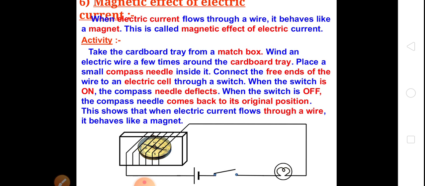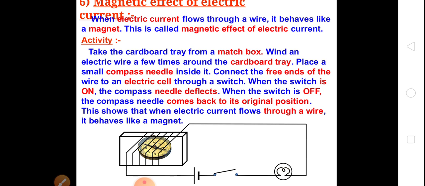Children, in the previous videos, we were discussing chapter 14, electric current and its effect. In this chapter, we discussed electrical components and their symbols.